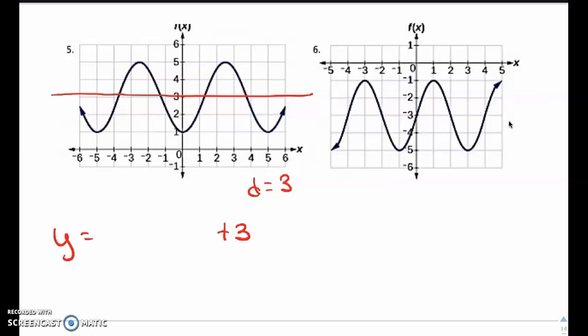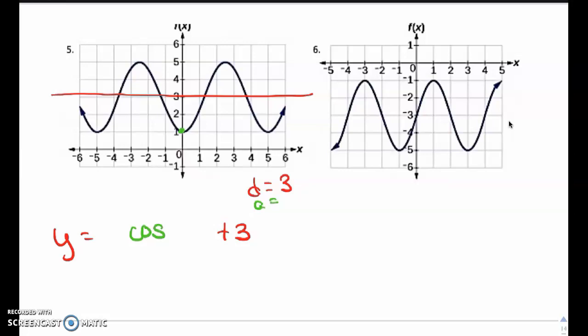Now notice my curve is starting down here below the midline. So therefore I know it has to be cosine. Above or below that midline has to be a cosine curve. Now what is that amplitude?